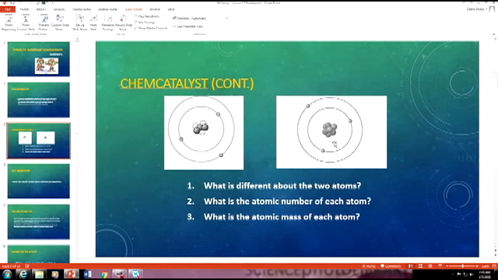The atomic mass of the atom on the right is 7. We have 3 protons and 4 neutrons, so the atomic mass is 7. So we have lithium 6, identified by its mass, and lithium 7, identified by its mass.